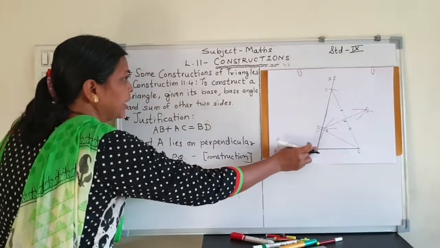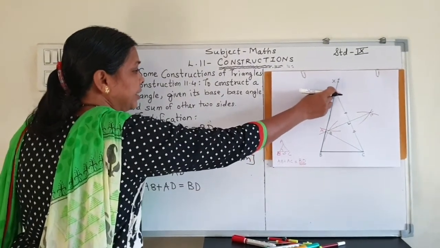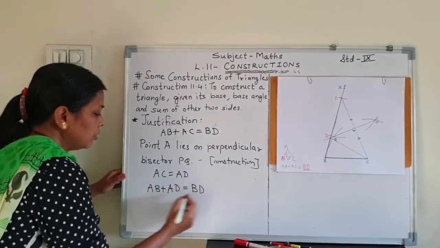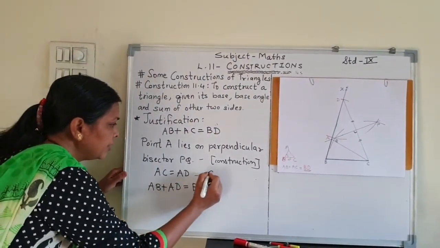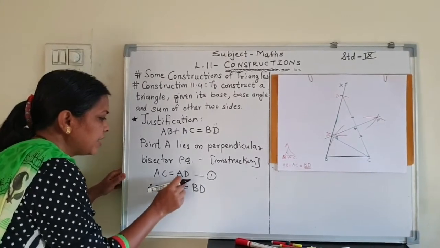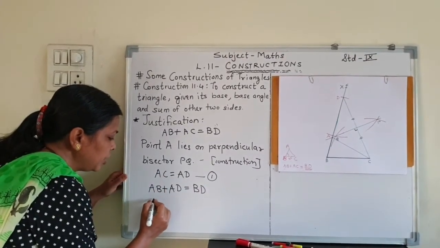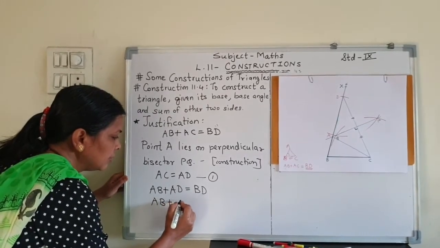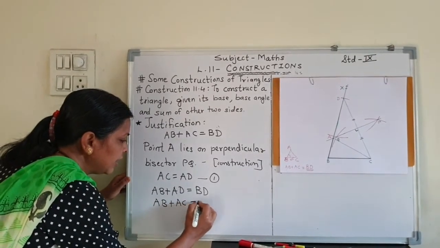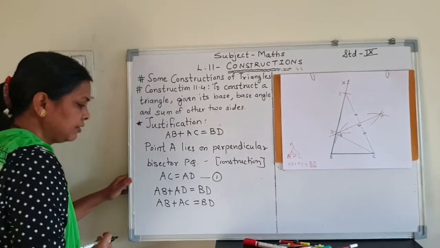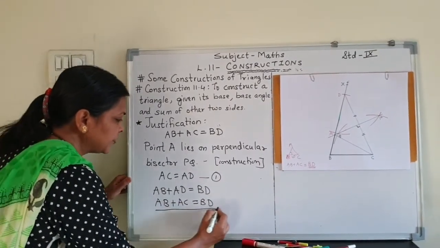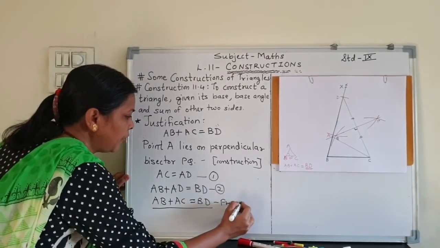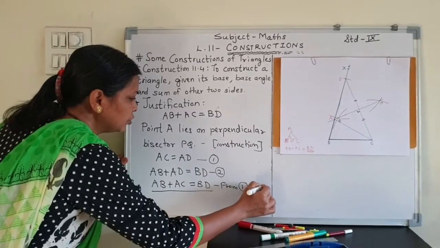Since AD is equal to AC, AB plus AC is also equal to BD, and that is what we have proved, from 1 and 2.